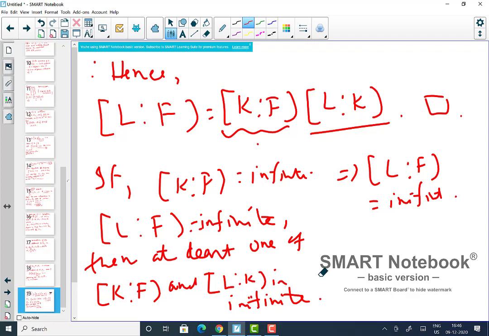Okay, so obviously you can easily say that whenever you have a subfield of any field extension and you have a finite extension, then this dimension divides this dimension. This is obvious, right? Because this product is this, right?